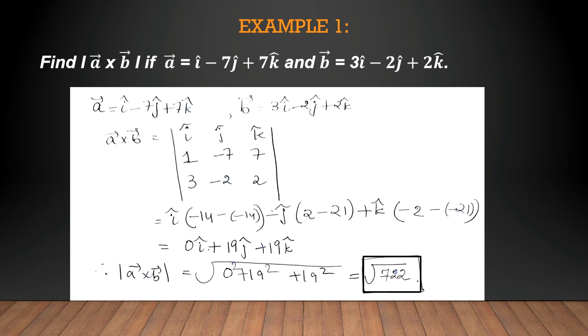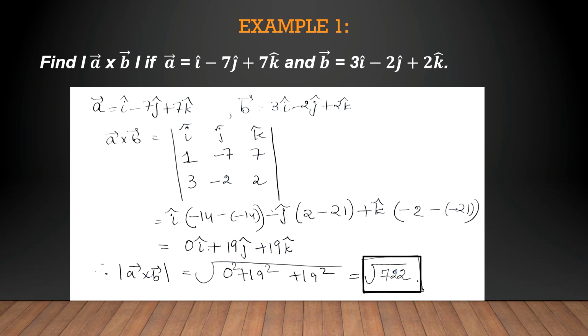i into minus 7 into 2 minus 2 into 7. For the second vector, you need to put a negative sign: minus j into 2 into 1 minus 7 into 3, plus k into minus 2 into 1 minus 7 into 3.